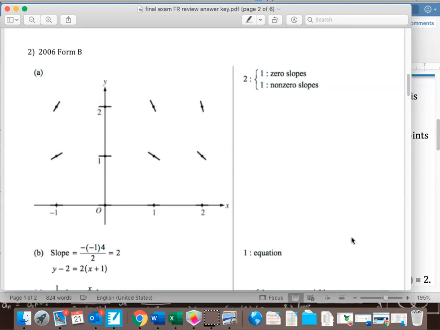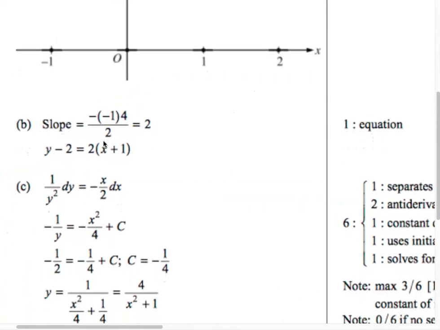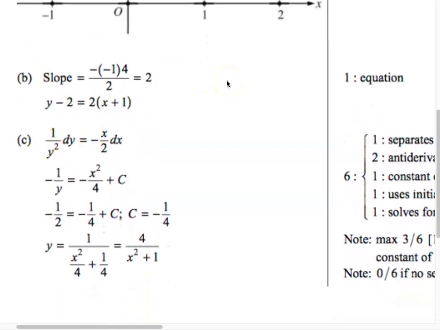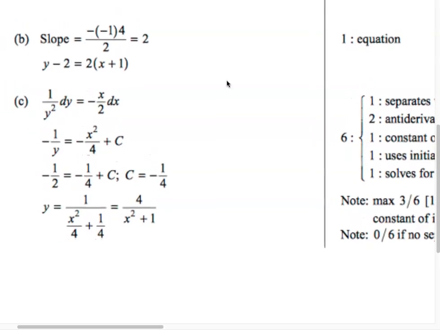So you plug it in, you get a slope of 2, and then your equation is there. Okay, so that whole part was just 1 point. Part C, 6 points. That is money if you did it right. Okay, all right. So 6 points.